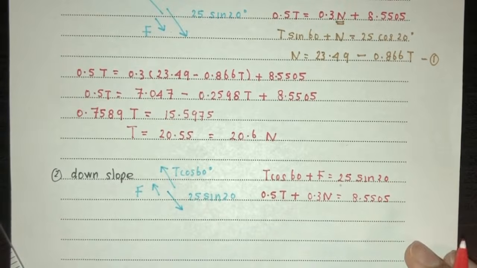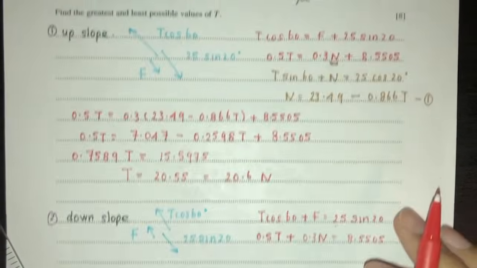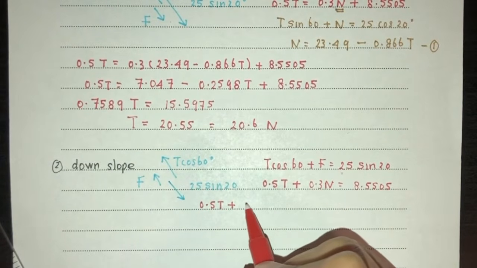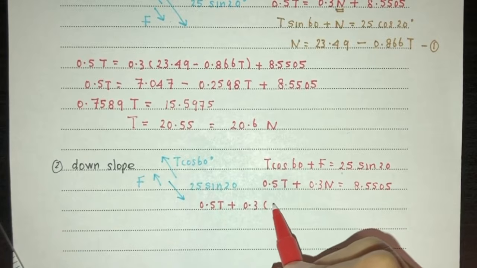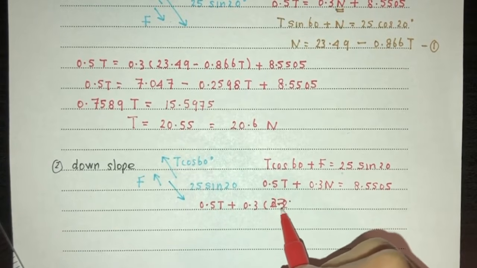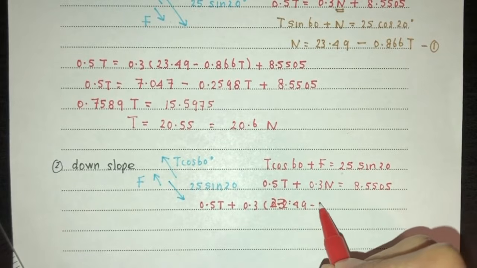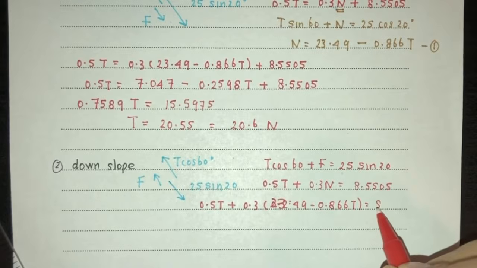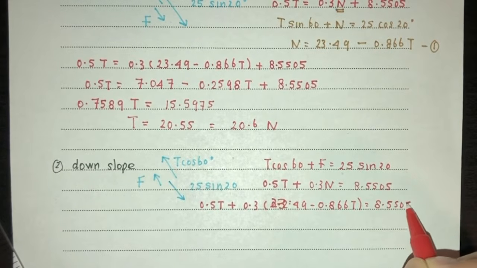Now we have to find the value of T. So value of N was given to you by this one. We can replace. You will have 0.5T plus 0.3 times N, which is 23.49 minus 0.866T equal to 8.5505.